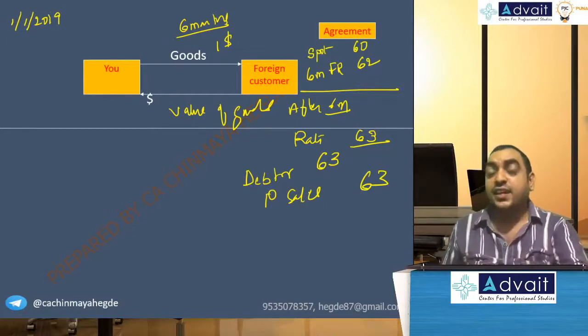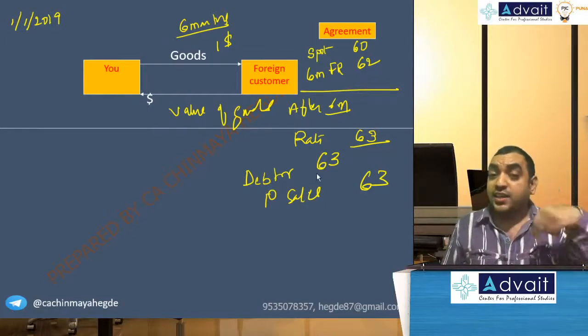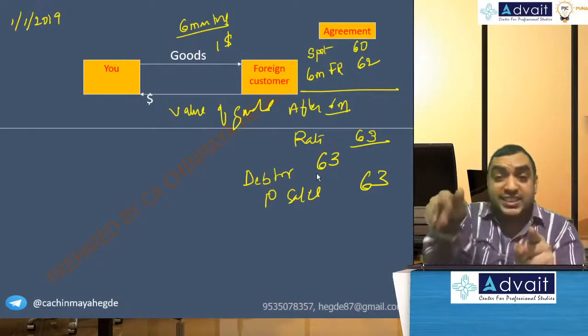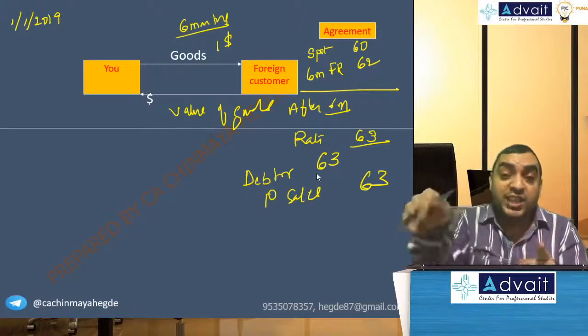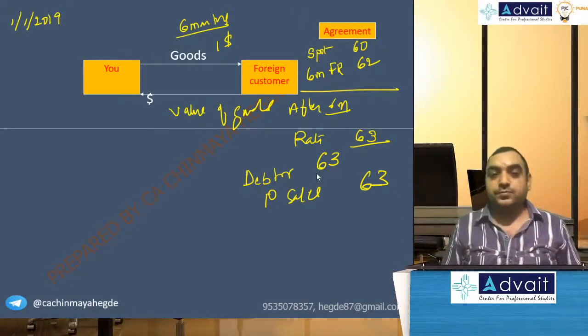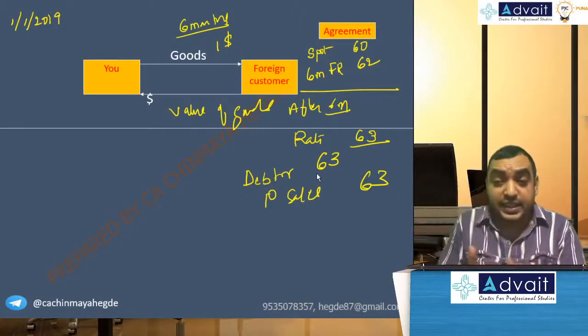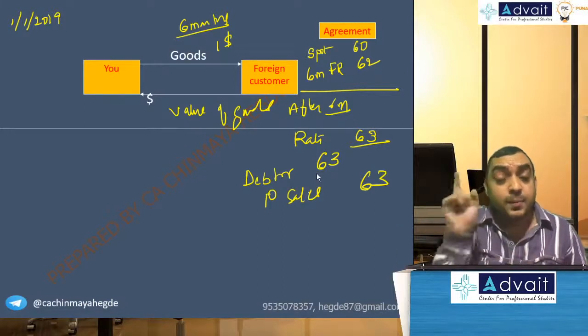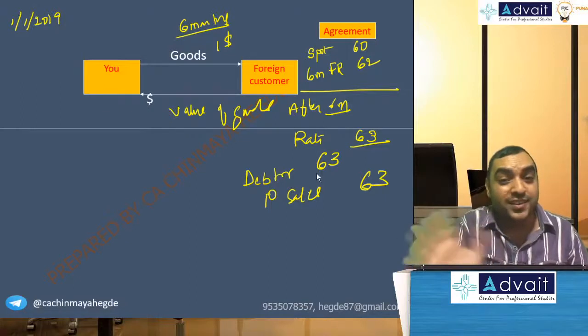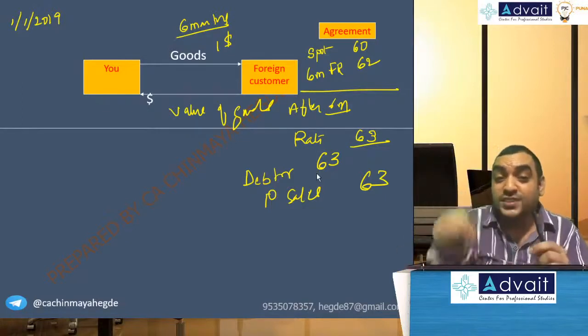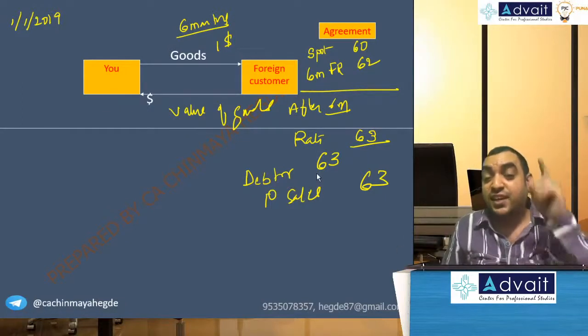But that is the thing. 6 months back, the rate was 62, that is the value of the goods. Today, the goods has become 63. Now, the increase does not mean the goods has become more valuable. No, it is because the exchange rate is different.